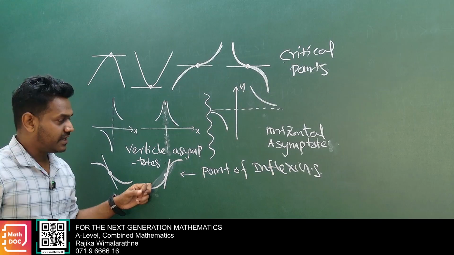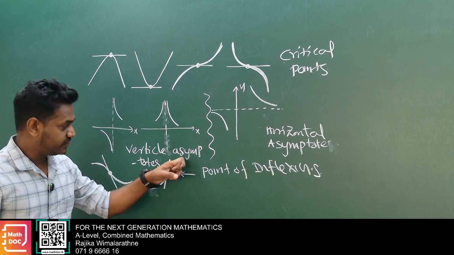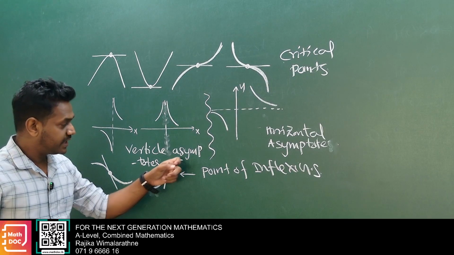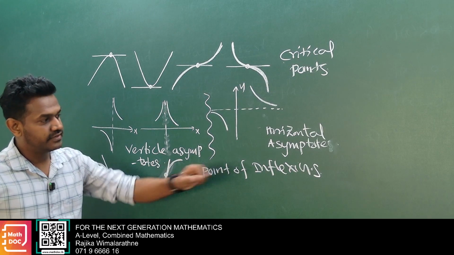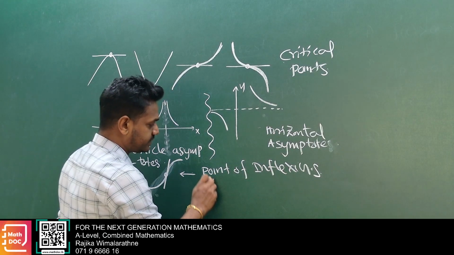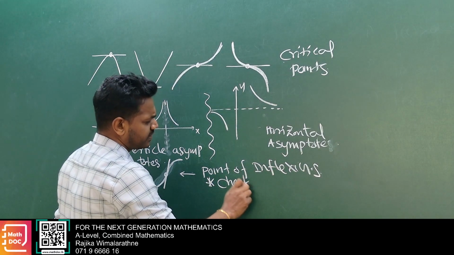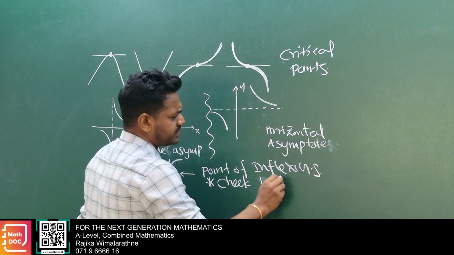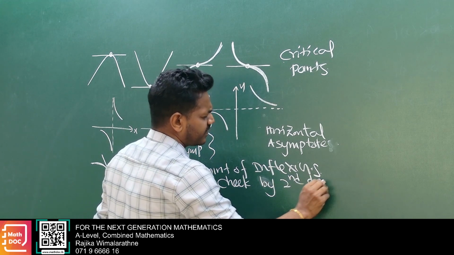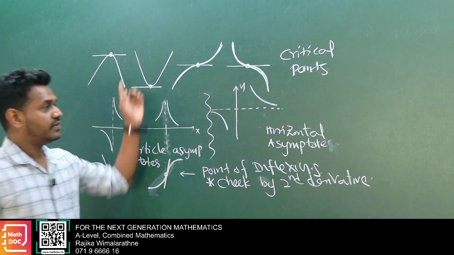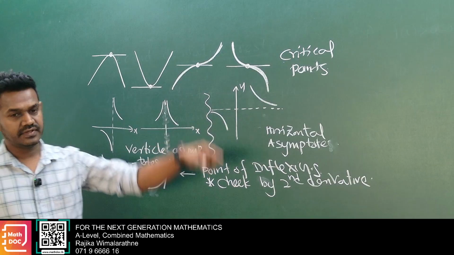So when we are sketching graphs, in future we will see this type of shapes. We have done this before, but anyway, this type of point of inflection we identify by the second derivative. Okay, put that note.